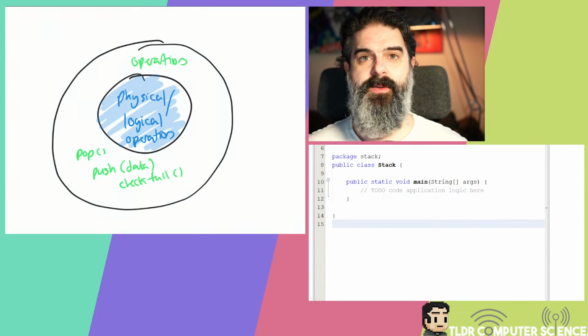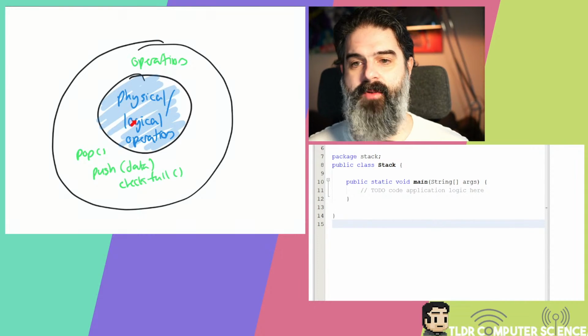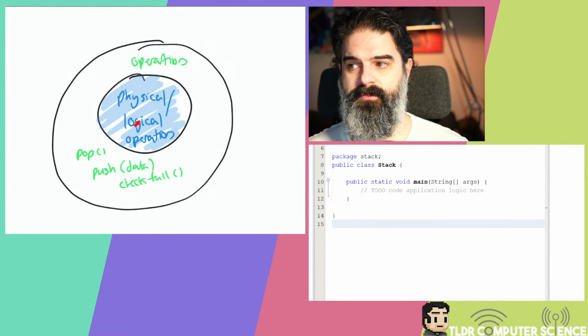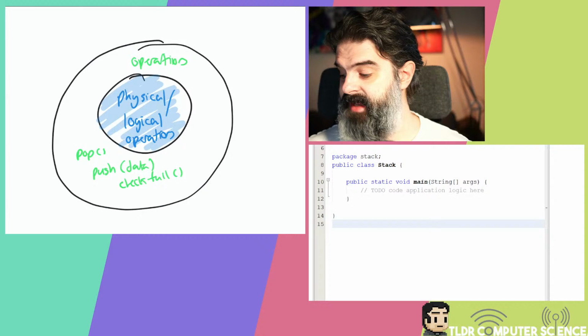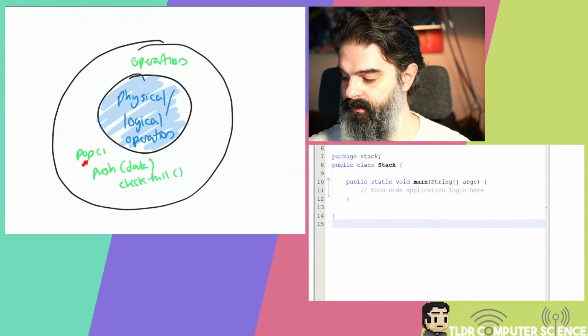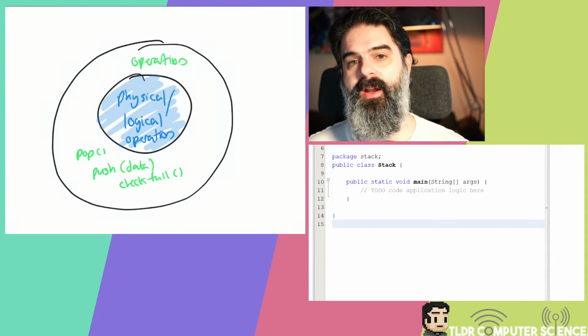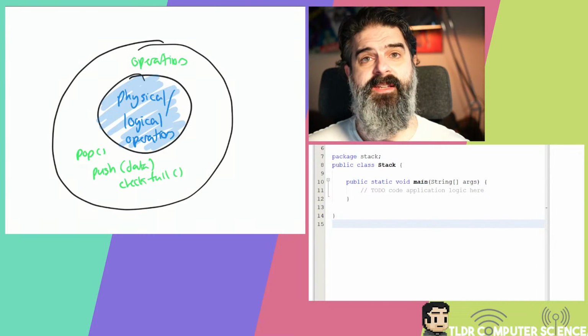And abstraction, do you worry about what's happening here physically at the array level? No, that's hidden away from you. What do you focus on? Just the operations, these methods here. These methods are what allow you to make use of the stack. And that's the idea of abstraction.